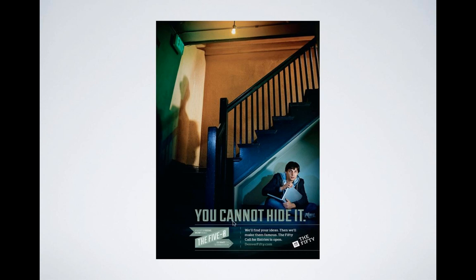Now we're looking at how the objects in the design are arranged and how that arrangement affects the message and the overall impact of how the design works. All of this was staged probably on a set. This is a photograph. So they've set this up to create the particular scene that they wanted.